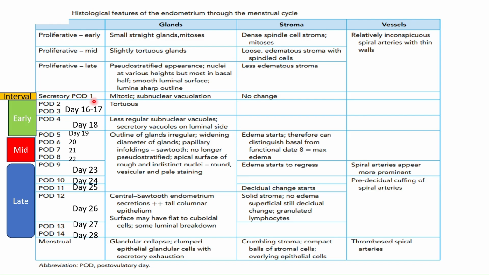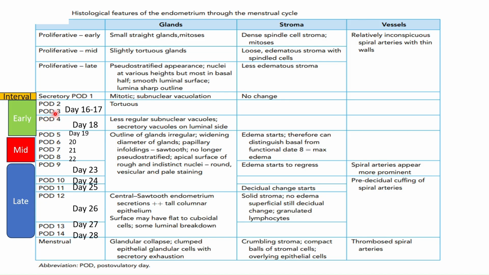Post-ovulatory day 1 is called the interval period, where mitosis is there and subnuclear vacuolization is there, but not in all glands. We will see the definition later on, and there is no change in stroma and it is like the proliferative phase.